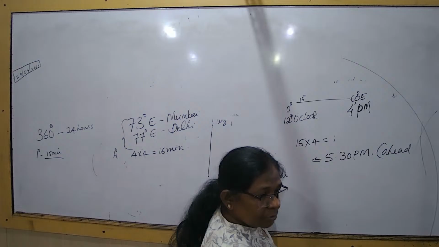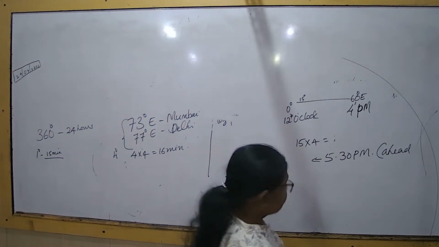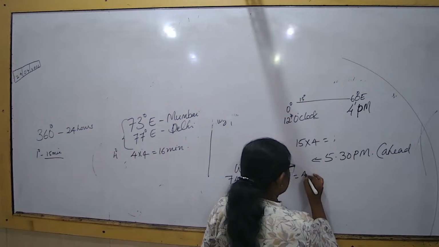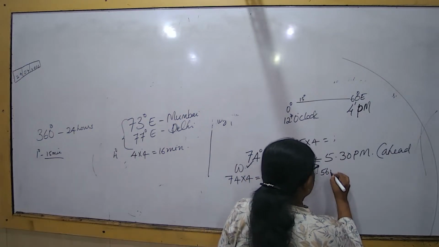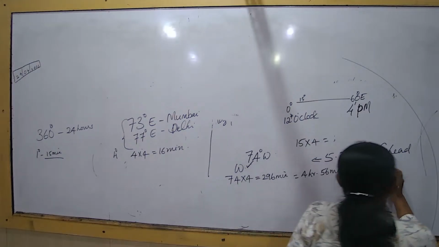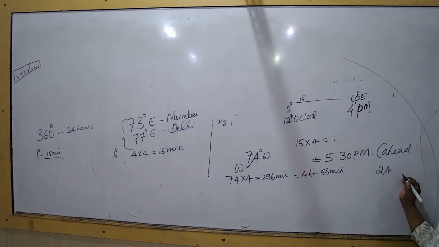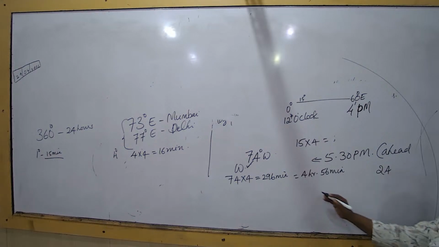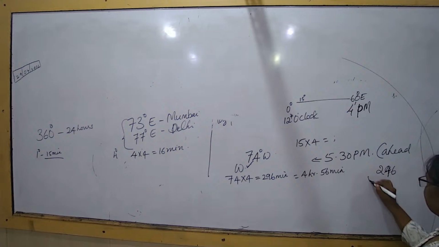When did I say 2 hours or 4 hours? 4 hours 56. See, 296 divided by 60.